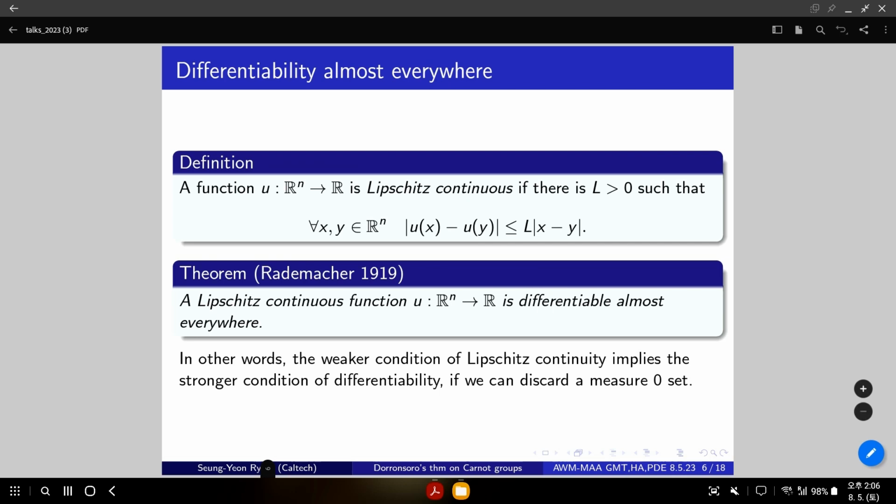And Rademacher showed an interesting converse: if you have a Lipschitz continuous function u from R^n to R, it has to be differentiable almost everywhere. In other words, the weaker condition of Lipschitz continuity actually implies differentiability if we're willing to discard a set of measure zero. For those who don't know, a set of measure zero just means volume zero, like a plane or a line in R^3.